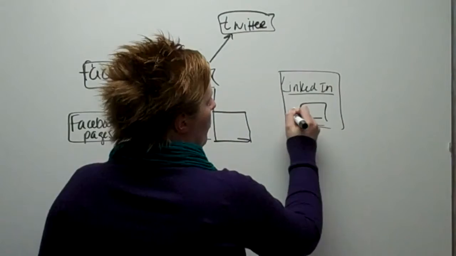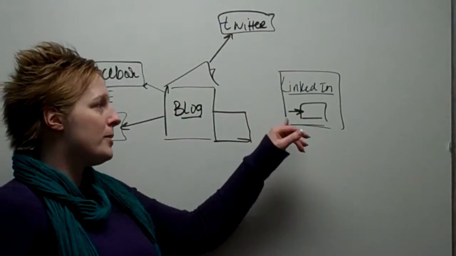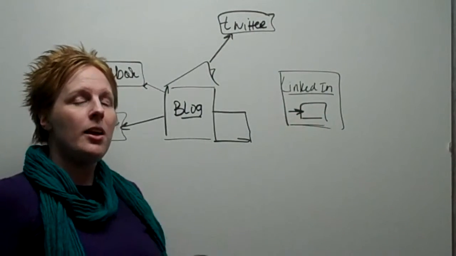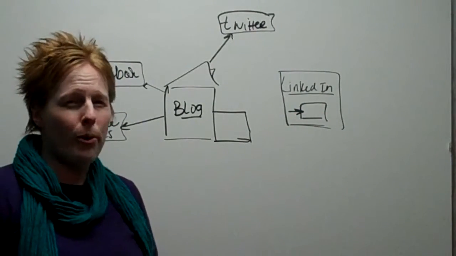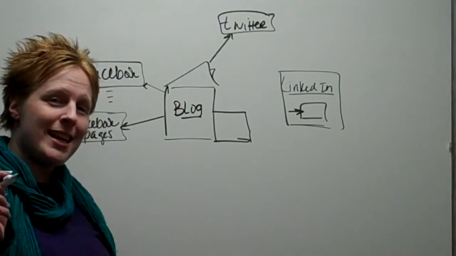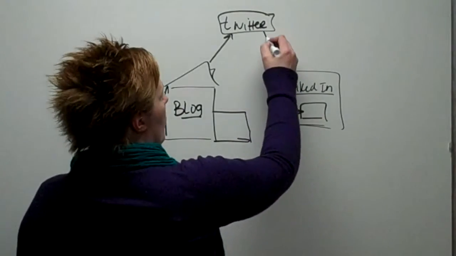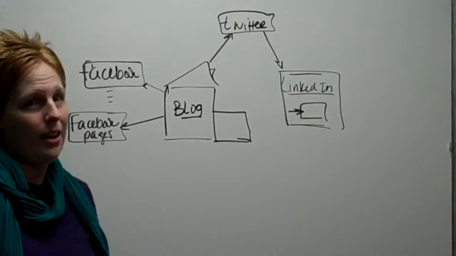So we would embed that right inside of your LinkedIn profile. So not only will people see the headline and first sentence in a link, but it will be built into your profile so they'll actually see your last 3 or 4 posts in there. The part about Twitter and LinkedIn talking together is that your status updates from Twitter will also go over to LinkedIn, so your blog will actually show up in 2 places on there.